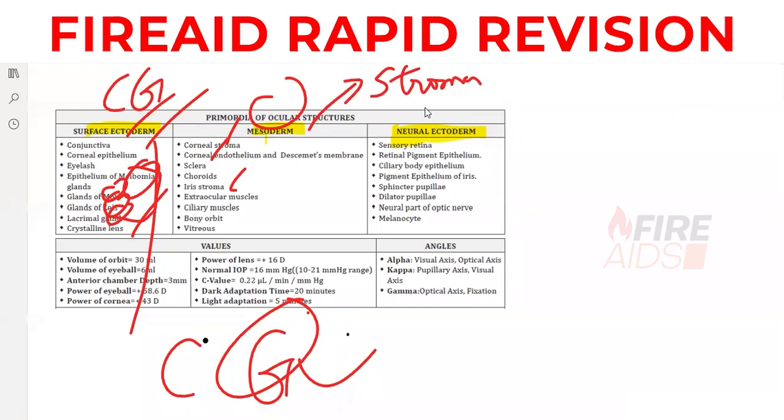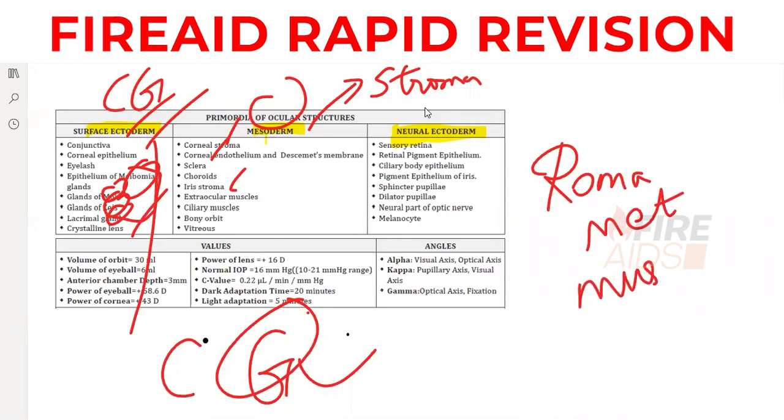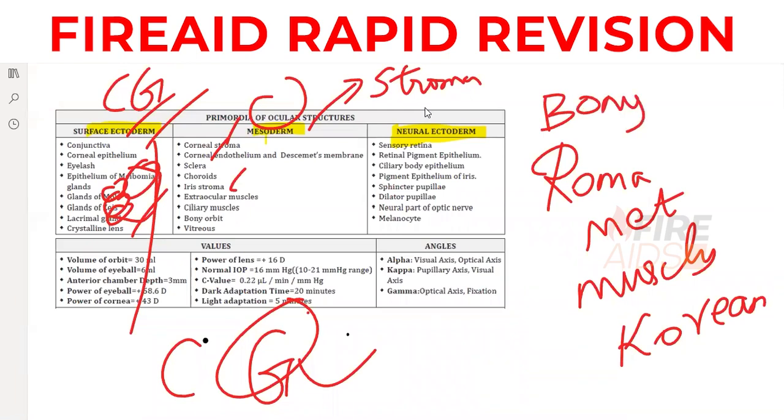For stroma, I'm going to name it Roma. So: bony Roma met muscly Korean guy. Bony Roma met muscly Korean.